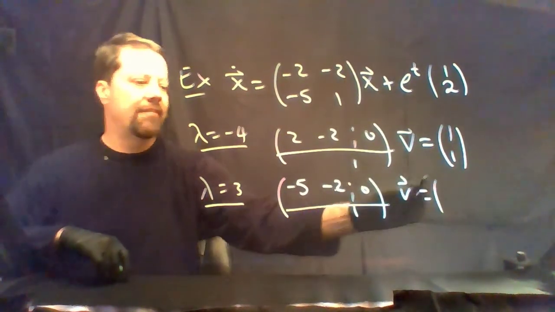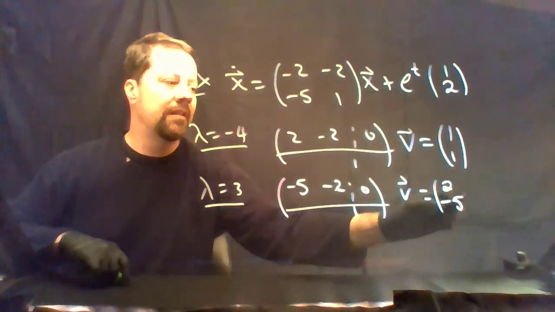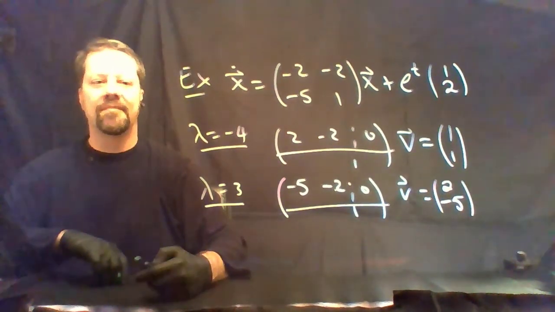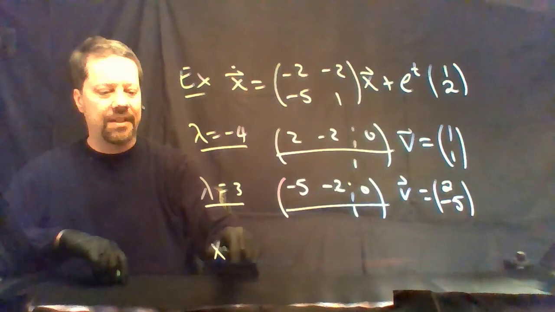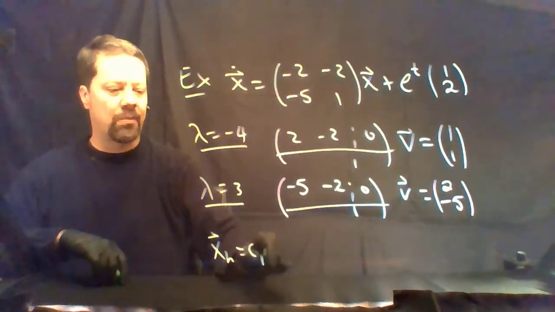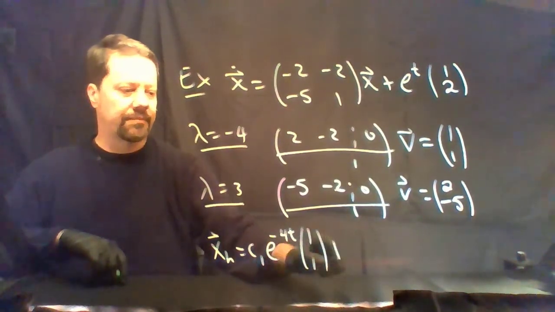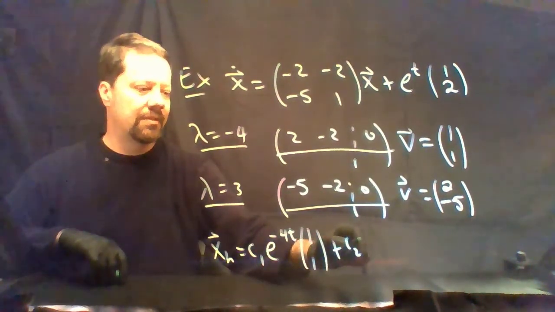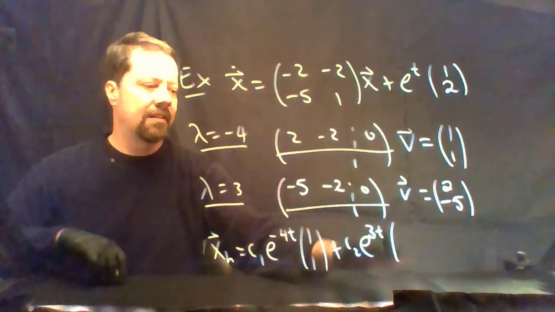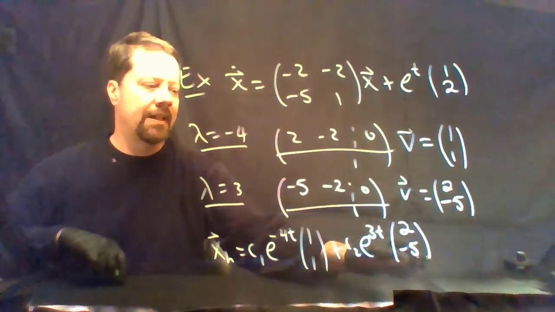This gives us an eigenvector of 2, negative 5. We'll have a homogeneous solution of C1 e to the negative 4t 1, 1 plus C2 e to the 3t 2, negative 5.